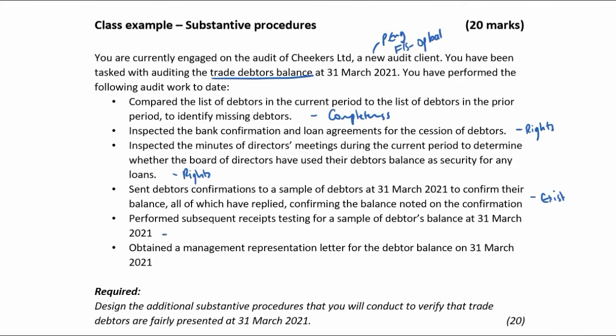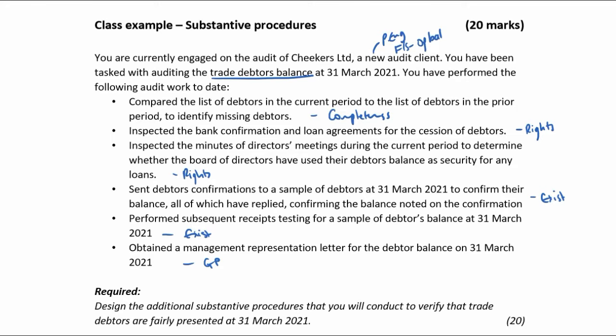So subsequent receipts is for existence, so proving that the debtors that they have raised do actually exist. And obtained a management representation letter for the debtor balance on 31 March 2021. So this could be for all your assertions, and there's a nice general procedure that's been done.